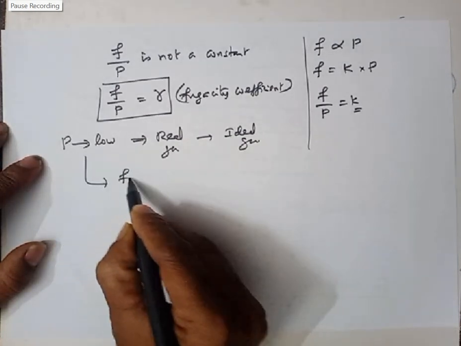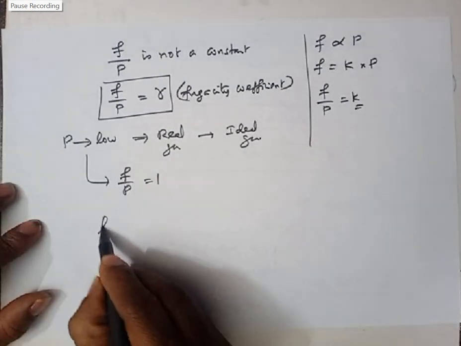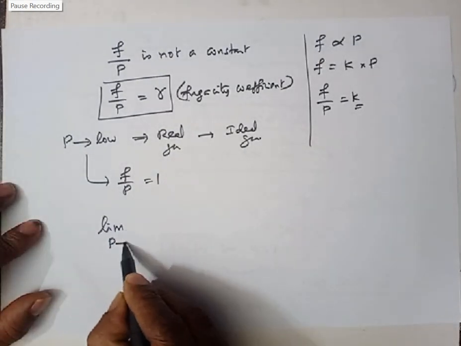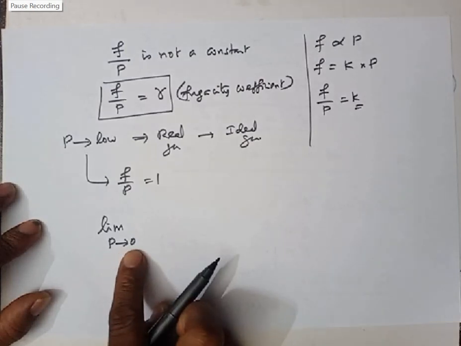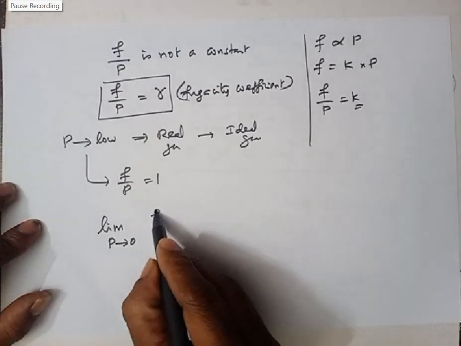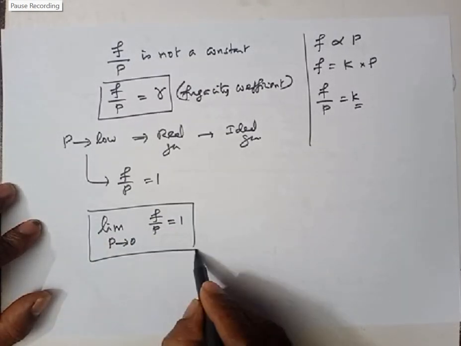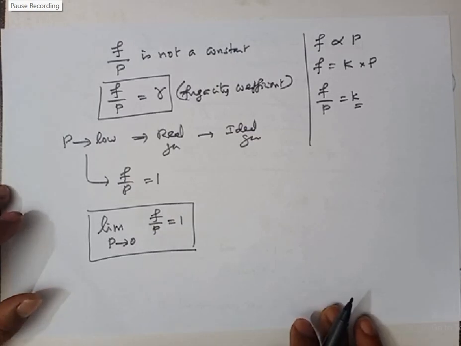Therefore, this is the definition. The limit when pressure approaches low value, pressure approaches 0, this F by P becomes equal to 1. This is the definition for fugacity. Take note.